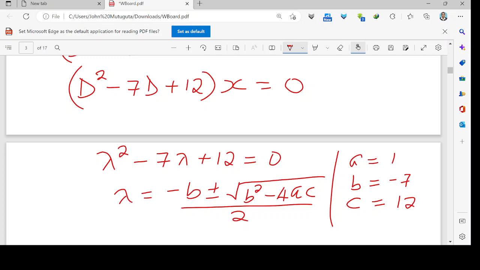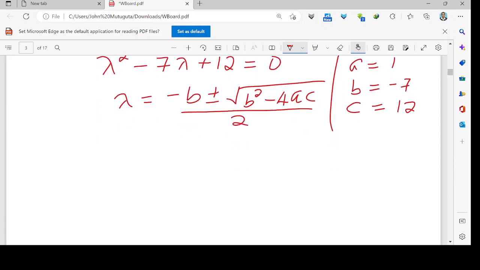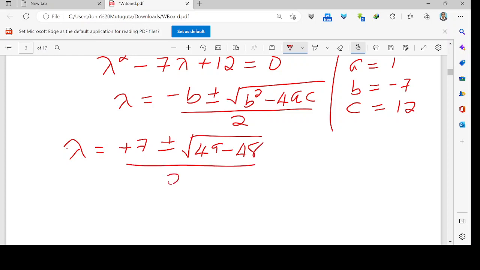So we substitute and we get lambda is equal to minus negative 7, which is plus 7, then plus or minus the square root of 7 squared, which is 49, then minus 4 times 1 times 12, which is 48, and we divide this by 2.